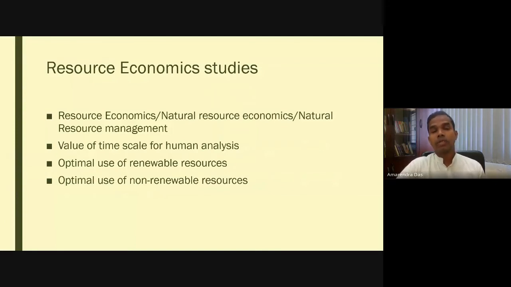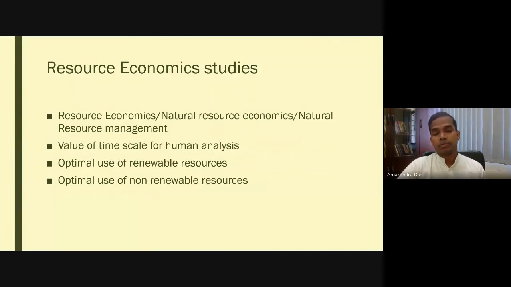For example, coal is also renewable, but it will be renewed only in say 1 lakh or 2 lakh years, or even more. That time frame is not applicable for human beings, because you never know whether humans will survive on this planet for that long. So we are worried about non-renewable resources, which will take a lot of time for regeneration. That is why we have to use those resources optimally.